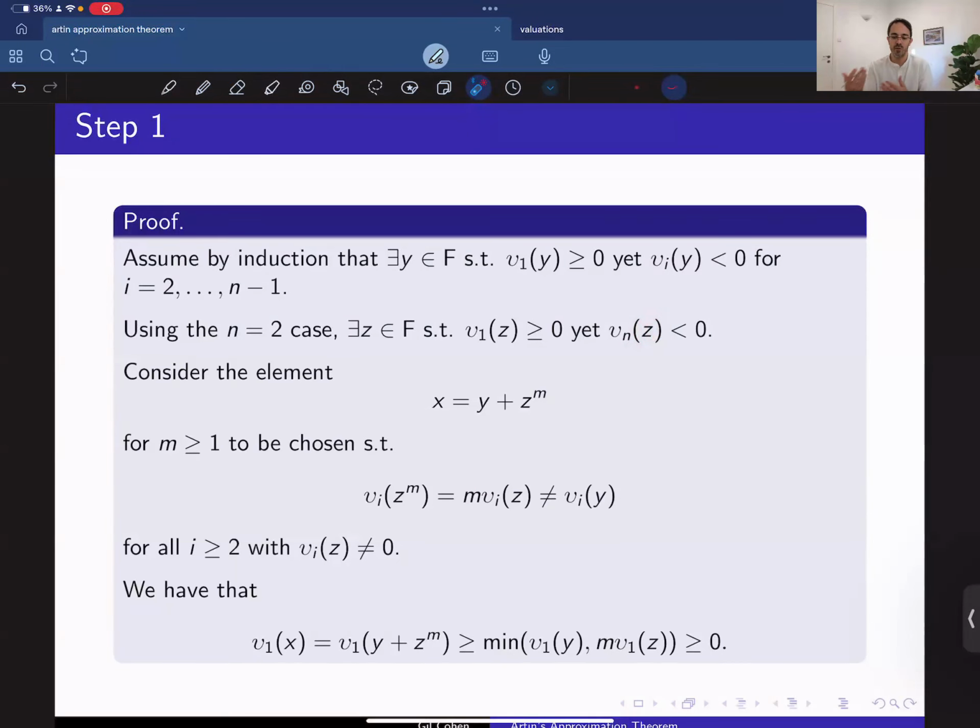I don't know how it plays with the VIs for I equals 2 up to N minus 1. But I don't care. If Vi of Z is non-zero, I'm going to make sure M evades all of the values for which M times Vi of Z equals Vi of Y. And when I is such that Vi of Z is 0, I don't care.